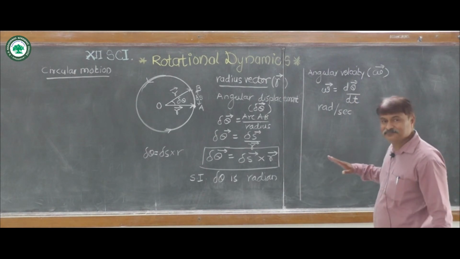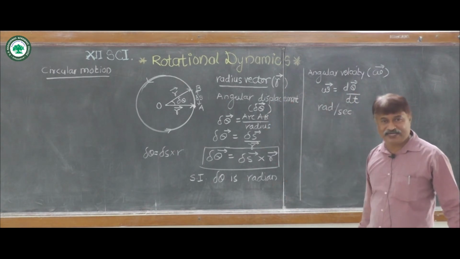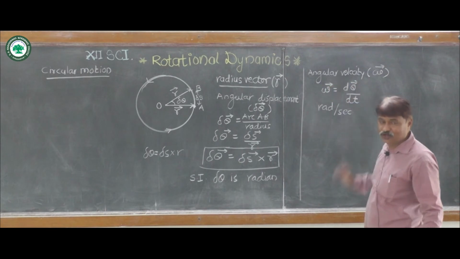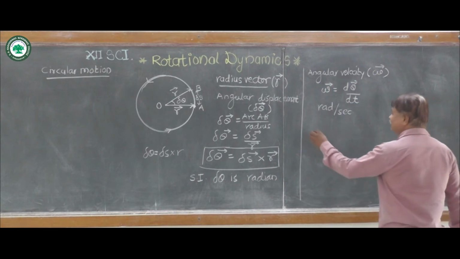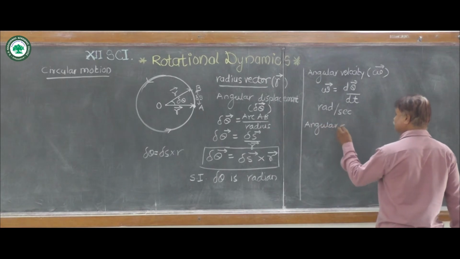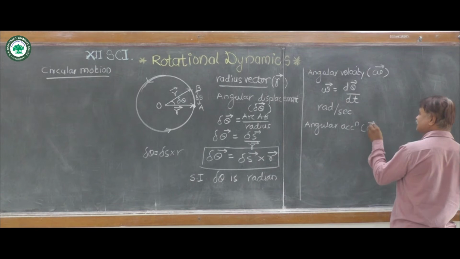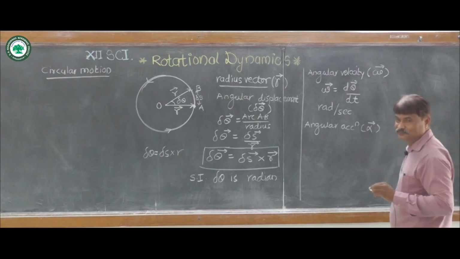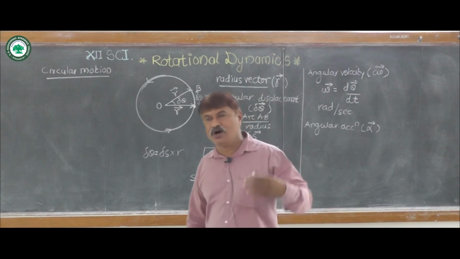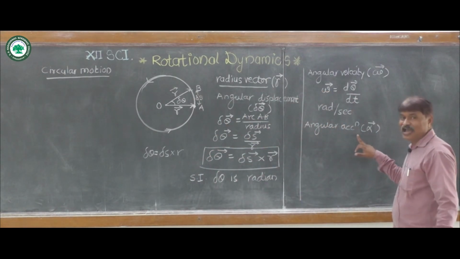Now, as velocity depends upon displacement, similarly acceleration depends upon velocity. So we define angular acceleration. The symbol of angular acceleration is alpha bar. The rate of change of angular velocity with respect to time is called angular acceleration.